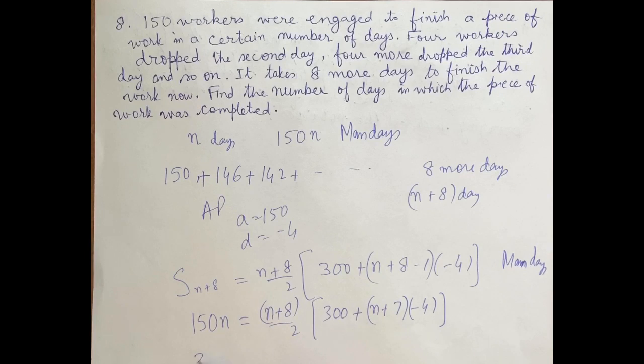Multiplying by 2, this is 300n is n plus 8 into, this will be 300 minus 28, 272 minus 4n. Taking 4 common, it's n plus 8 into 4 into 68 minus n. This is 4 into 75 into n. Cancel out 4.